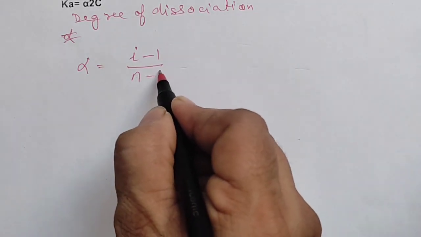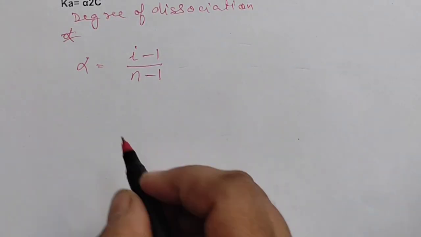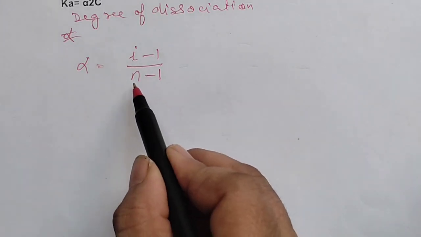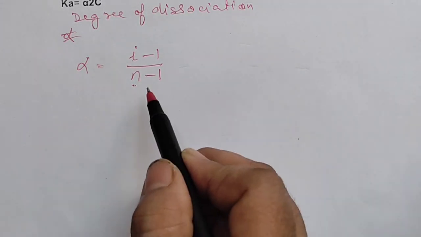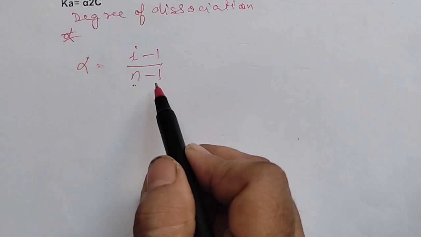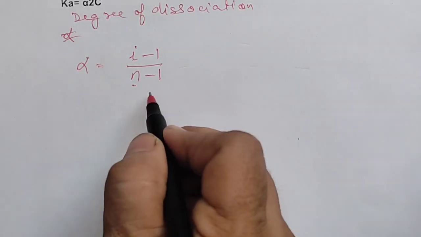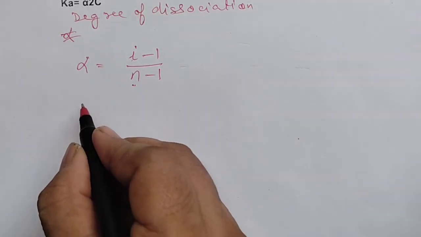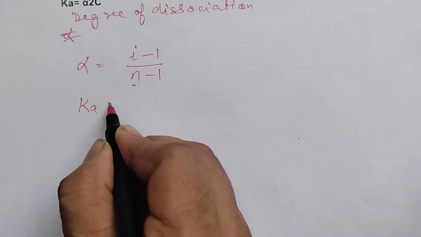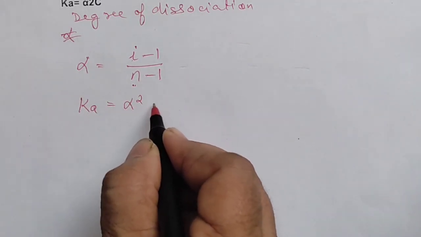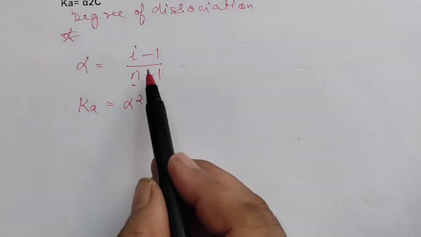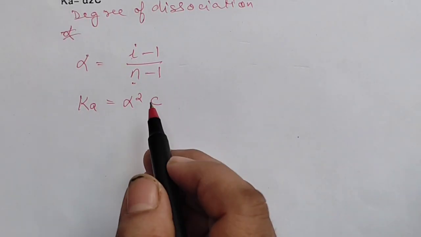This will be a formula. Here i is the Van't Hoff factor which we will be solving, n is the number of particles formed after dissociation, and alpha will be calculated. Sometimes they tell you the degree of dissociation, so you'll have Ka is equal to alpha square C. Sometimes alpha is given, i is to be solved, and then some colligative property is to be calculated.